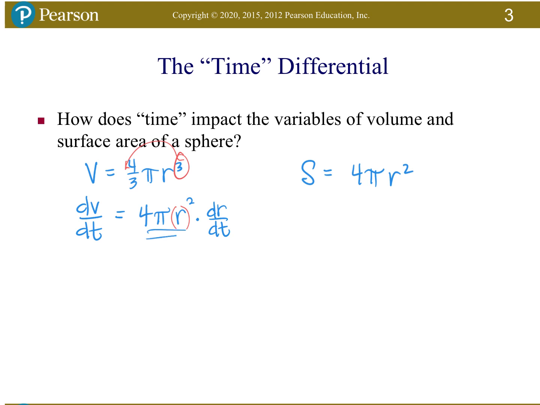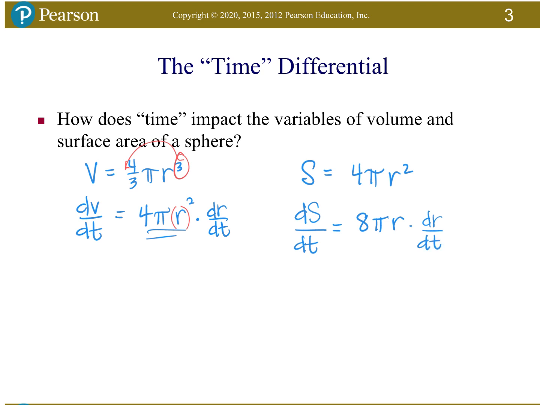Interesting. Isn't that cool how that works? If we want to take the derivative of that, we put the surface area. Clearly, if we're pumping air into this, the surface area is growing as well. And so then we'll have dS/dt. So this is the rate, and it is related to the derivative, so that would be 8 pi r, and then times dr/dt as well.